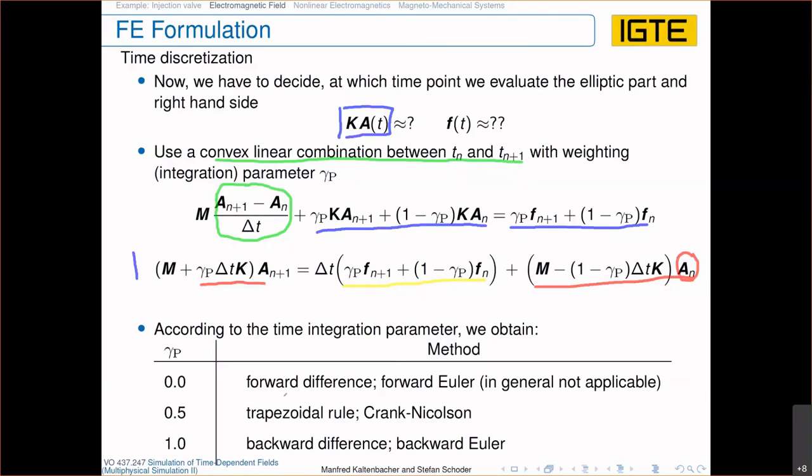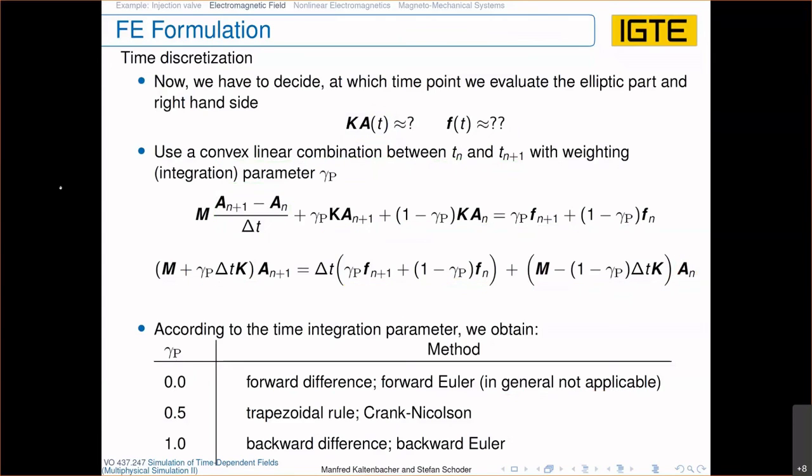You call this a forward difference or forward Euler method, which is in general not really applicable. Why? It is the following case. I have to go back perhaps in order to show it to you.